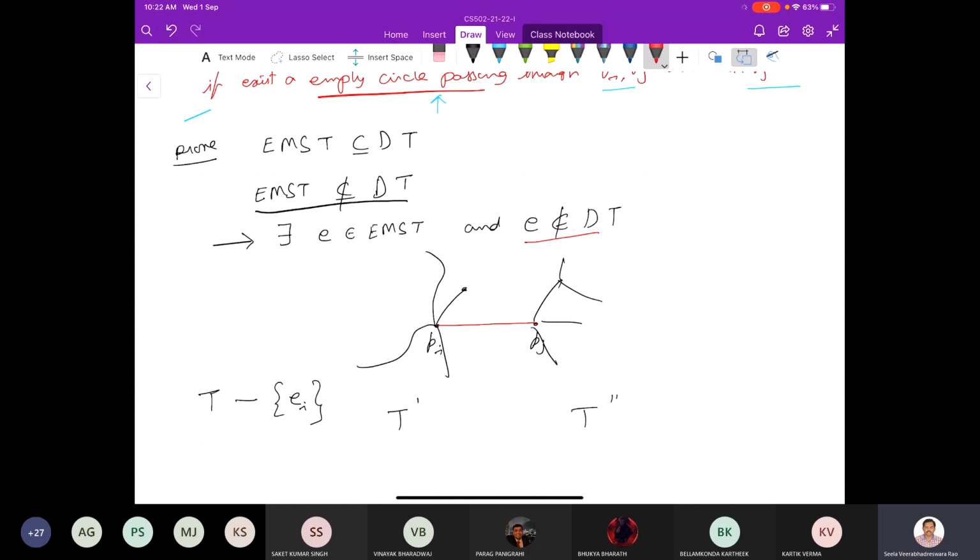Whatever circle you take passing through these two points, there will always be some point inside the circle. So we take this circle where PiPj is the diameter. From the definition, since this edge does not belong to the Delaunay triangulation, there exists another point in this circle. Let's assume this point is Pk and Pk is connected to T dash.